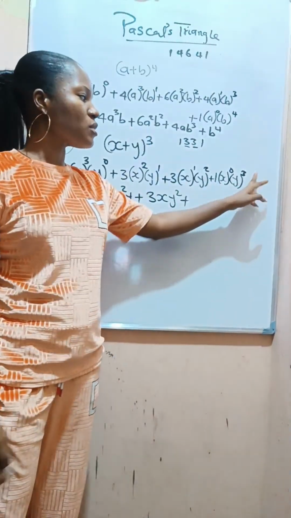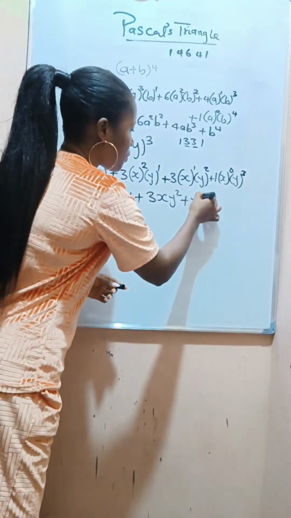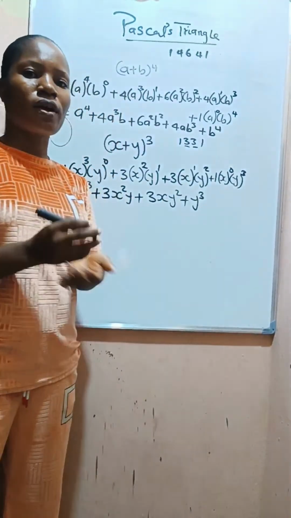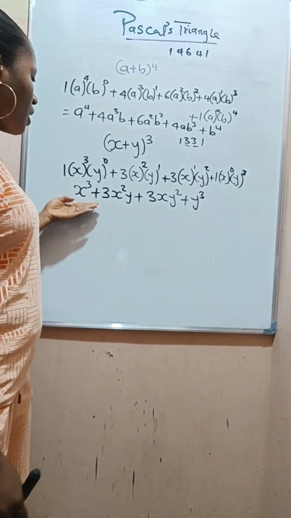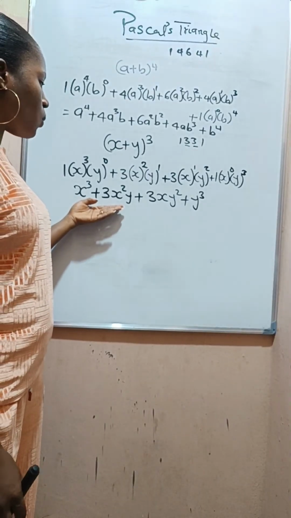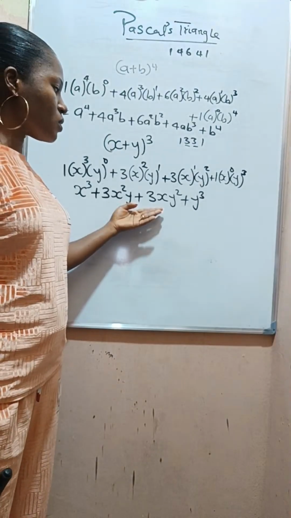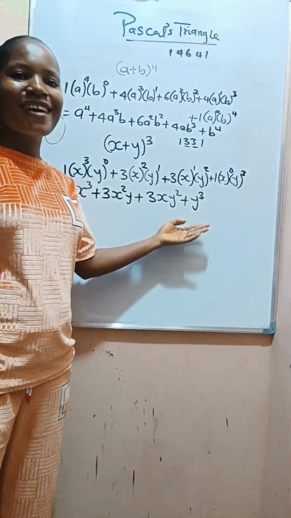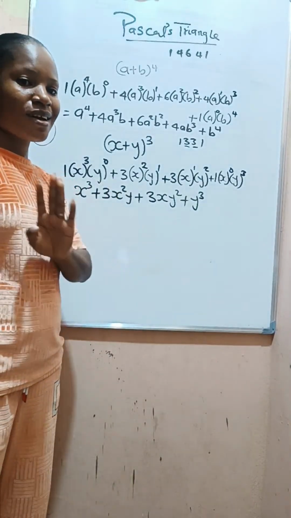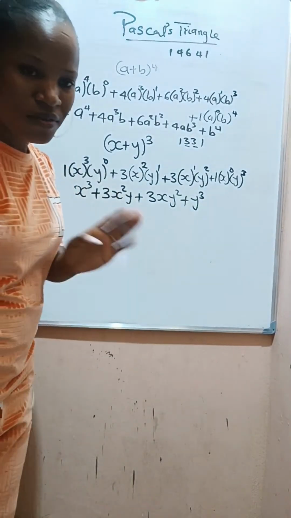Now we have y to the power of 3, so plus y to the power of 3. That is what the last term will give us. And this is your answer. X to the power of 3 plus 3x squared y plus 3xy squared plus y to the power of 3. You can see how easy it is, right? Extremely, very, very easy.